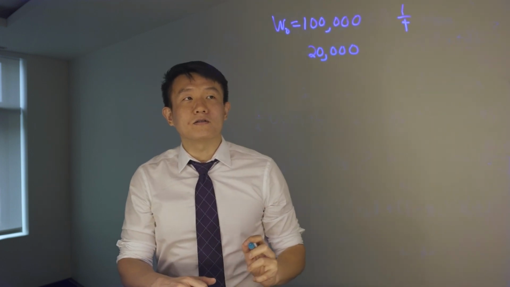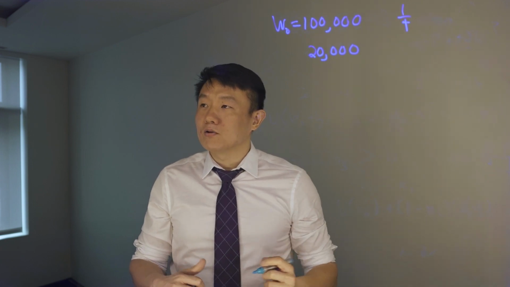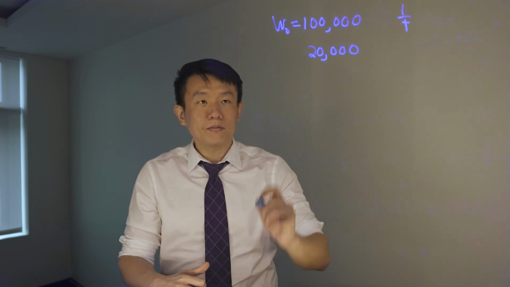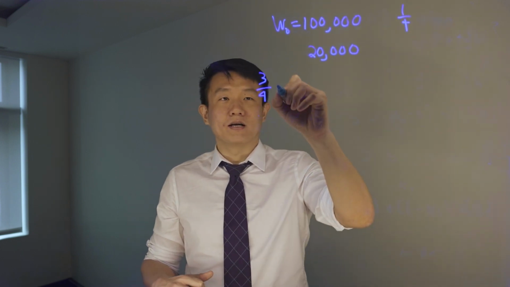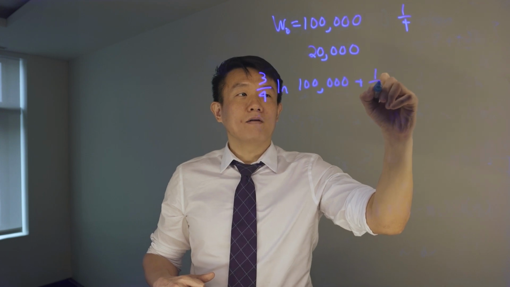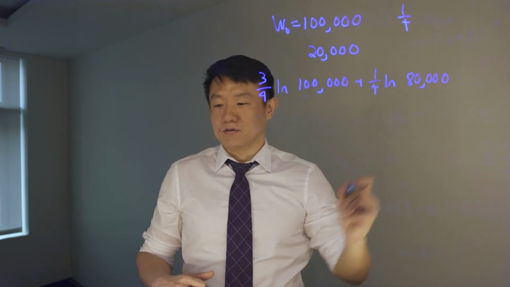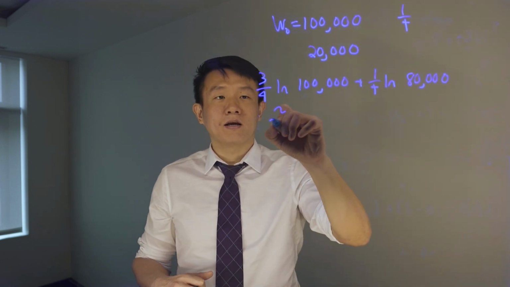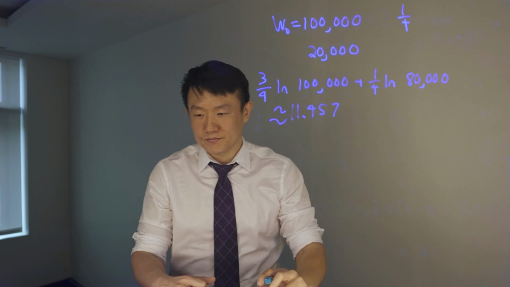So potential loss of $20,000. If I have log utility, then without insurance, I would have a 3/4 chance of getting log 100,000 and a 1/4 chance of having a total wealth of 80,000. So this gives me an expected utility of about 11.457.